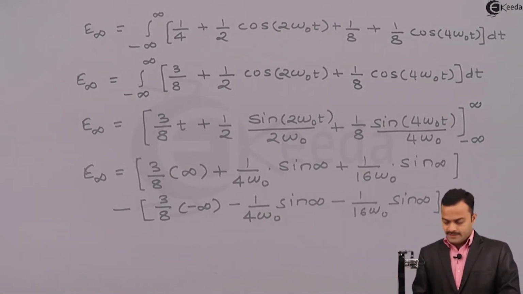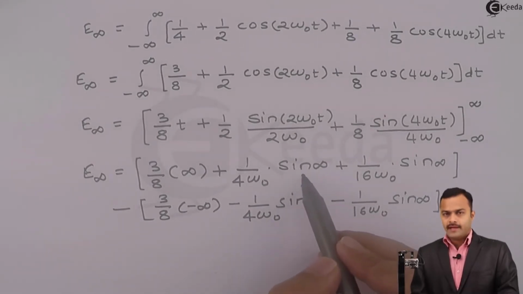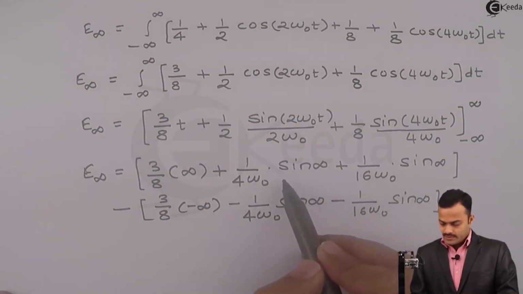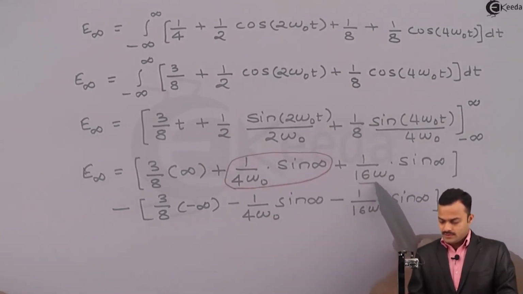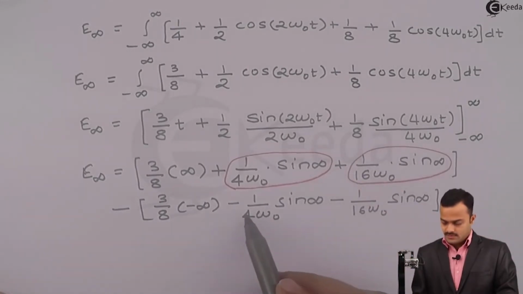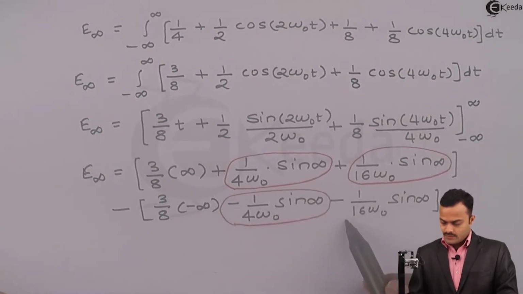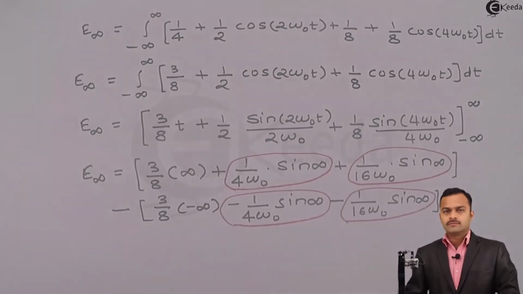We have discussed that sine of any angle is always a finite number. So I can consider this term as a finite number. Similarly, this is also a finite number. Plus, there are two more terms which will give you finite values.